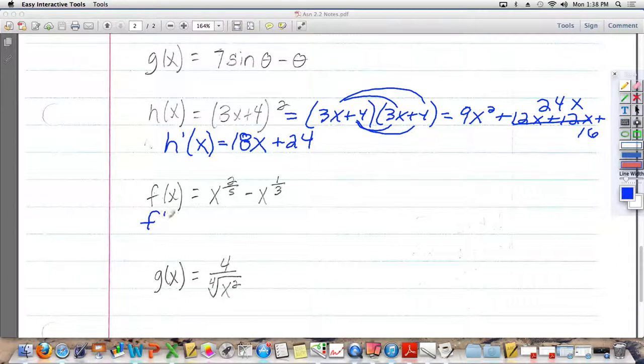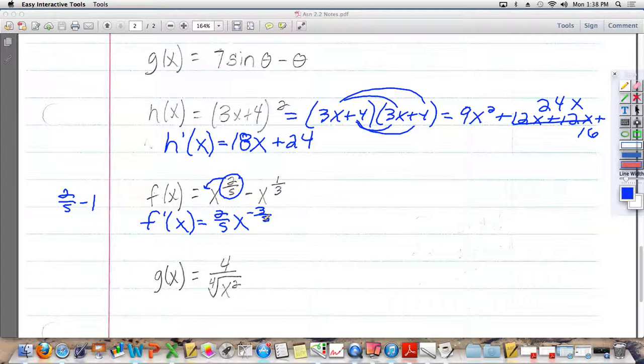The derivative of f of x is going to be equal to, remember you take this power 2/5 and you multiply it by the coefficient in front of x. So you get 2/5 x, you subtract 1, so you have 2/5 minus 1, negative 3/5, so you're going to have x to the negative 3/5 power. We'll clean that up in just a minute.